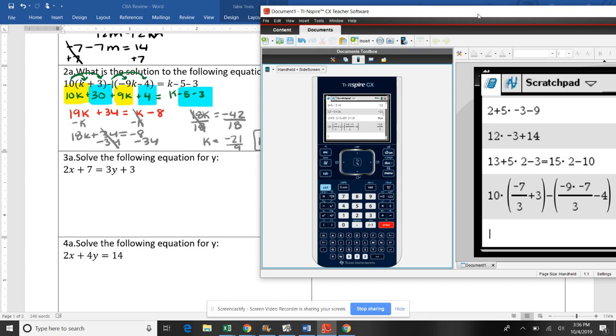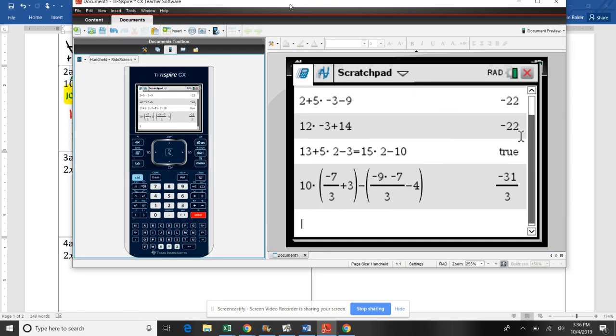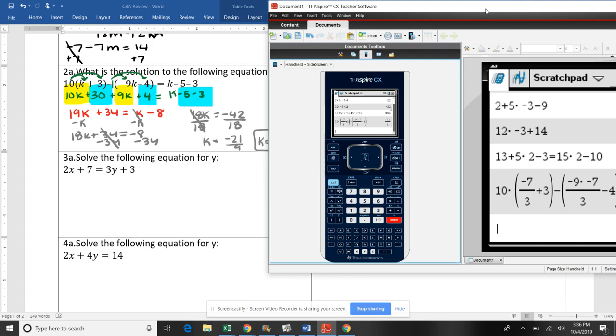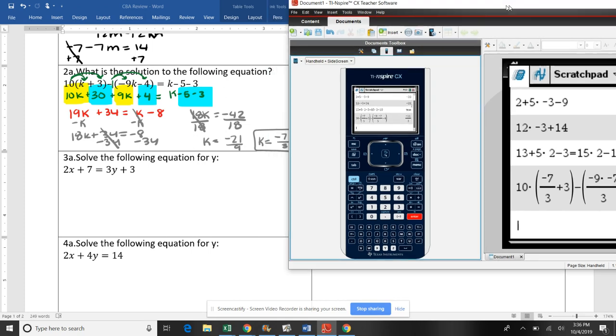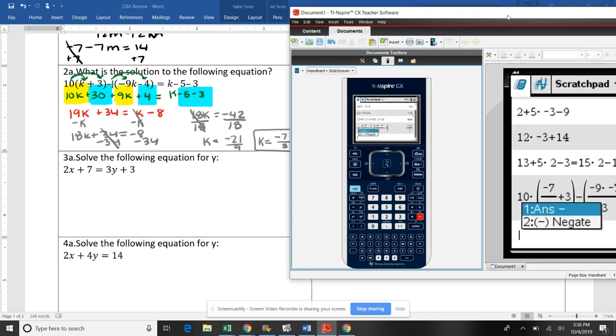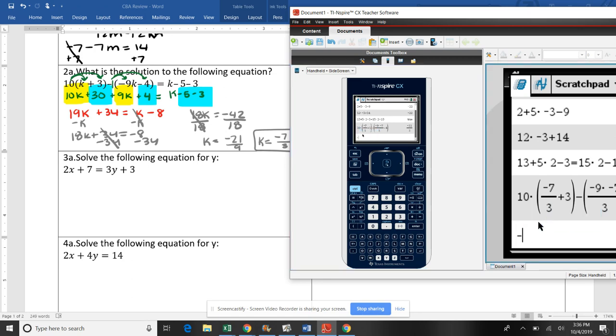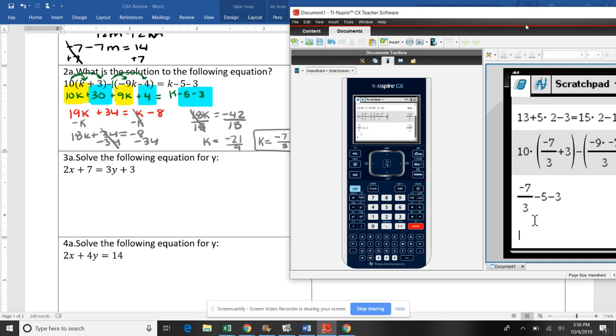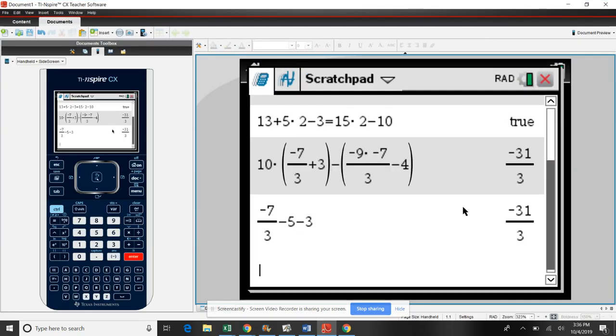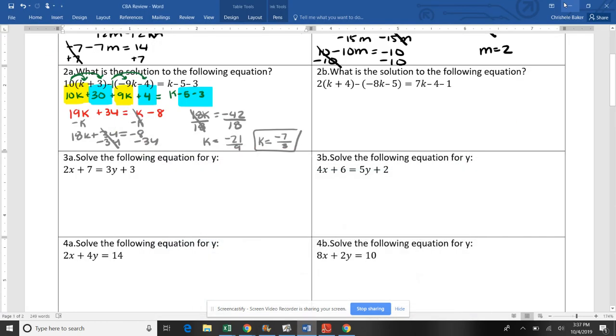What does it tell me that is? Negative 31/3. Interesting. Okay, next side is negative 7/3 minus 5 minus 3, which is also negative 31/3. They're the same. So I got it right. Even though it's a crazy answer, I can definitely check it.